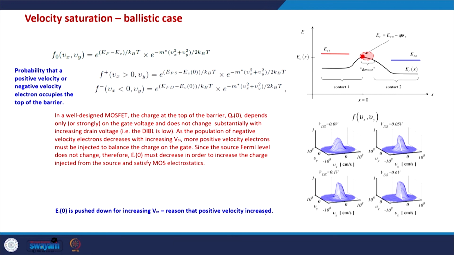So in general MOSFETs, the velocity saturates because of the collisions, but in ballistic MOSFETs, it is not due to collisions, it comes from the electronic structure distribution of velocities in the MOSFET at the top of the barrier. So that's what we discussed.